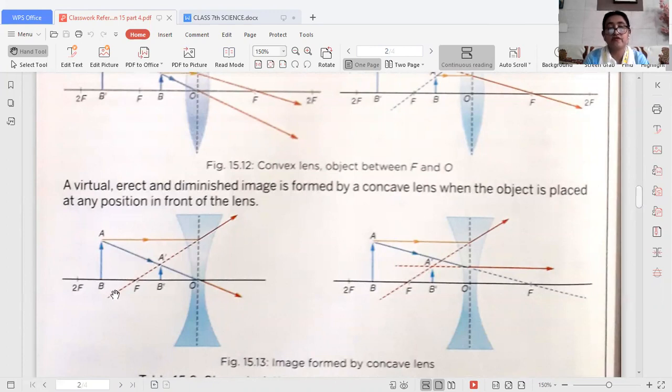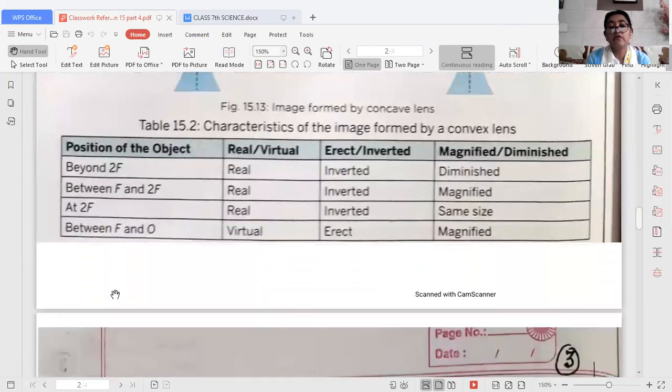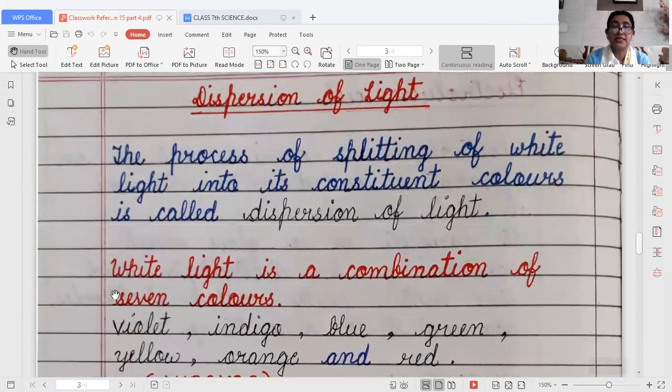So that is how different images are formed by concave and convex lenses, depending on where the object is present.